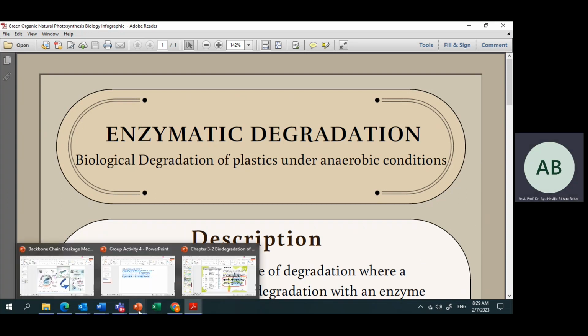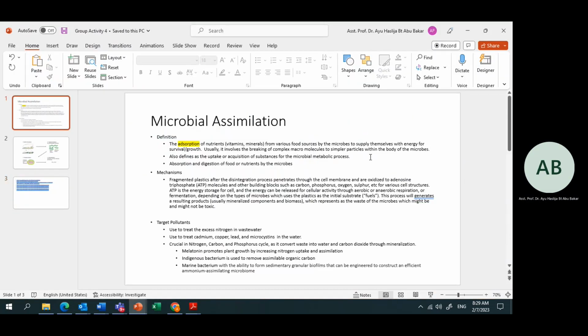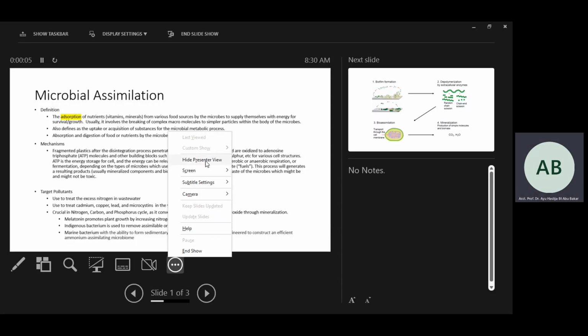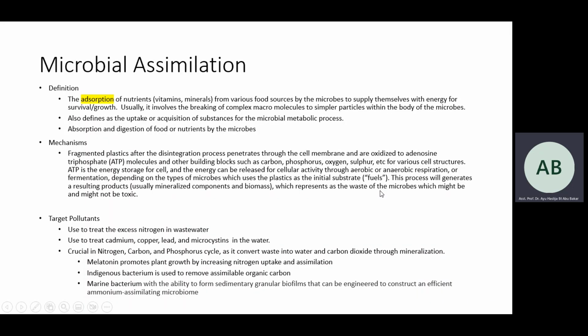Then we move to microbial assimilation. Okay, thank you, the girls group. Now we move to the microbial assimilation. Which group is this?